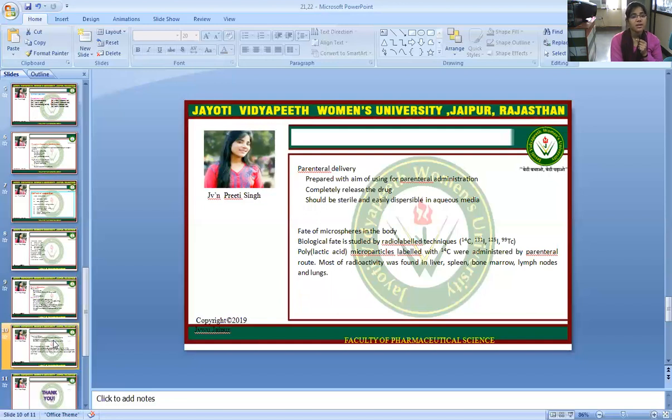Polylactic acid microparticles labeled with 14C were administered by the parenteral route. Most of the radioactivity was found in the liver, spleen, bone marrow, lymph nodes and lungs.